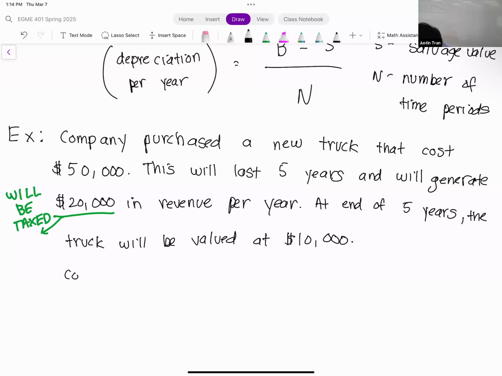All right, so let's compute two things. First, let's do this problem as if it were our traditional present worth calculation.